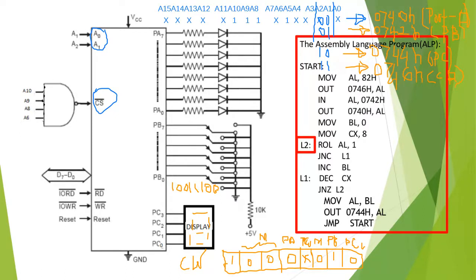So control word is either 82H, or if don't care cases are 1, then it becomes 8A, 1 0 0 0 1 0 1 0. So 8AH. Is that clear? Control word is okay.